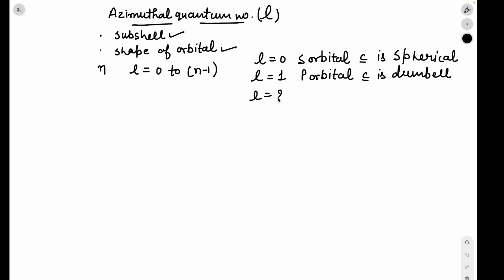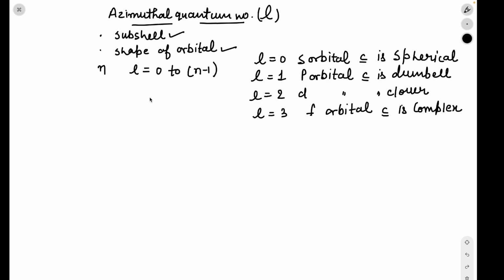For L is equal to 2, that is d orbital, which is clover shape. And for L is equal to 3, that means f orbital, which is complex.